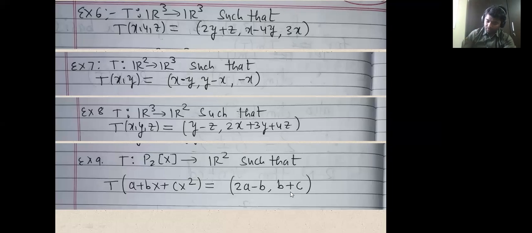So after proving linear independence you will get the dimension of the image, which is equal to 2, sorry, that is equal to rank T. So the dimension of image T is equal to 2, that is our rank T. Okay, so this is the way you will find the rank of a linear transformation.